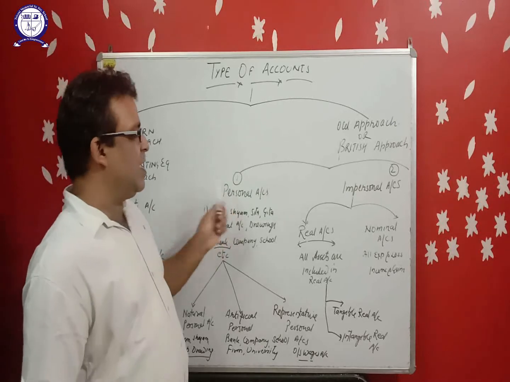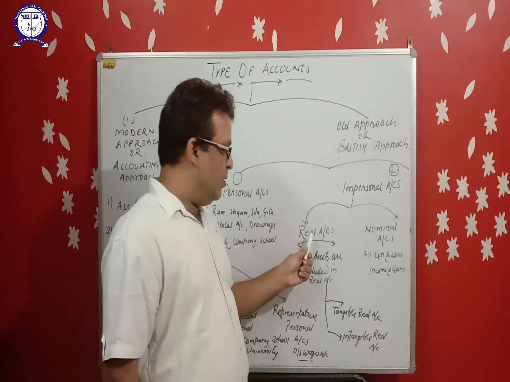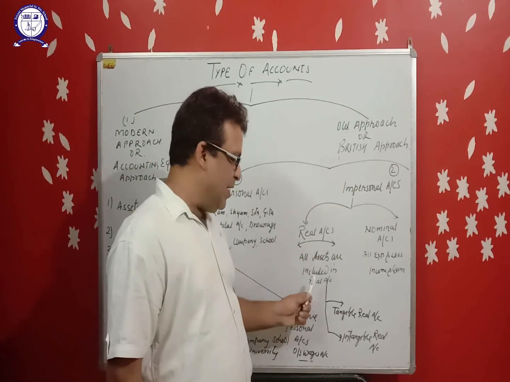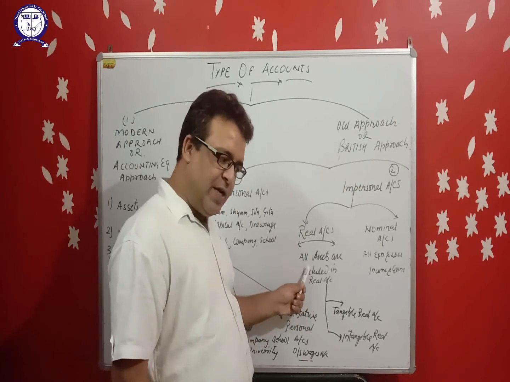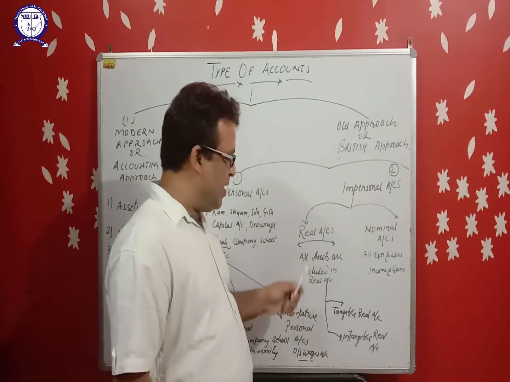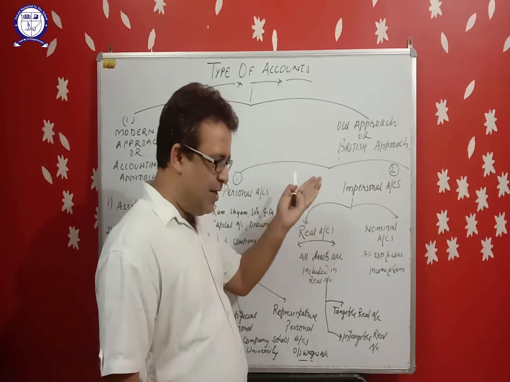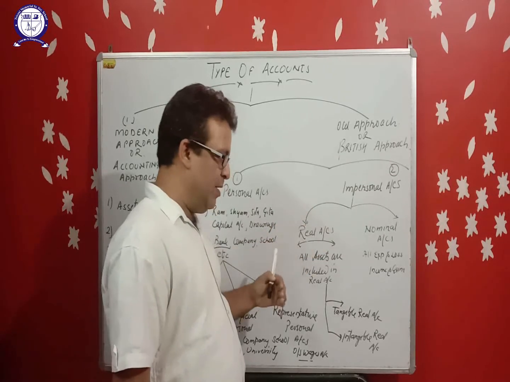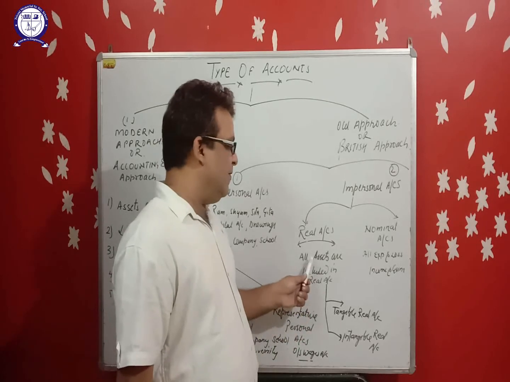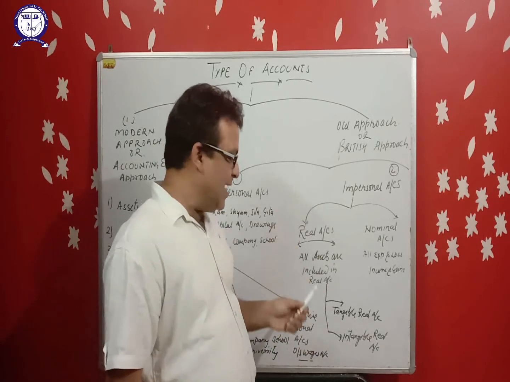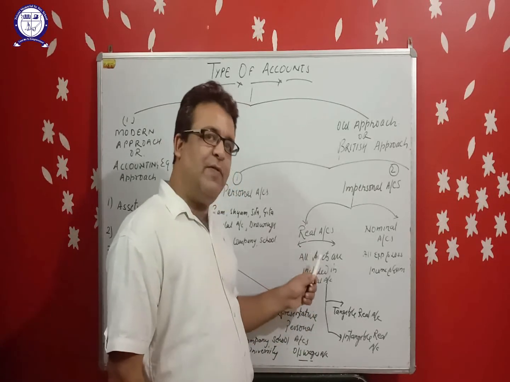The rule of real account: debit what comes in and credit what goes out. When we are purchasing, an asset is increasing, or you can say coming in, so that asset will be debited, and if the asset is going out, that asset will be credited.